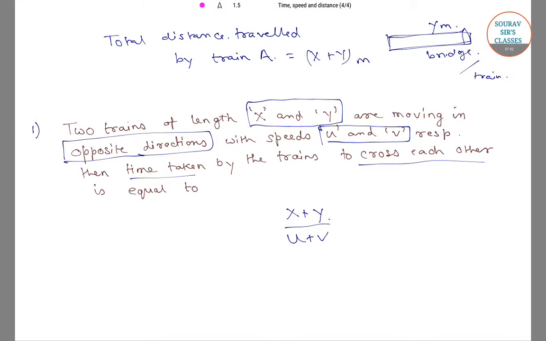Whereas if the two trains are moving in the same direction with speed u and v such that u is greater than v, then the time taken by the faster train to cross the slower train is given by x plus y divided by u minus v.